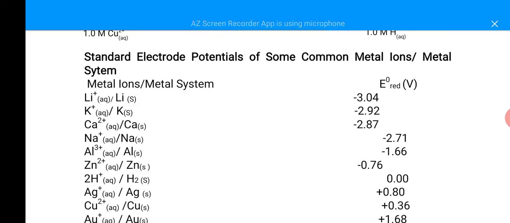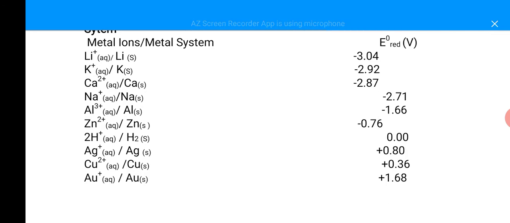Calcium ion to calcium atom system, minus 2.87. Sodium ion to sodium atom system, minus 2.71. Aluminium ion to aluminium atom system, minus 1.66. Zinc ion to zinc atom system, minus 0.76.